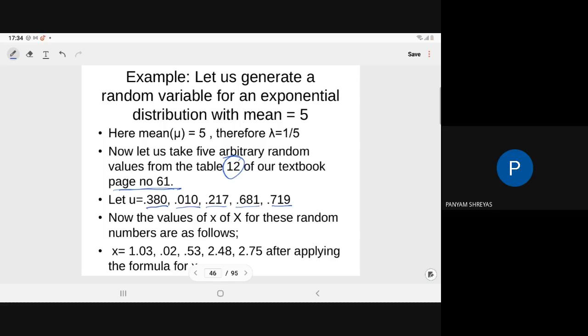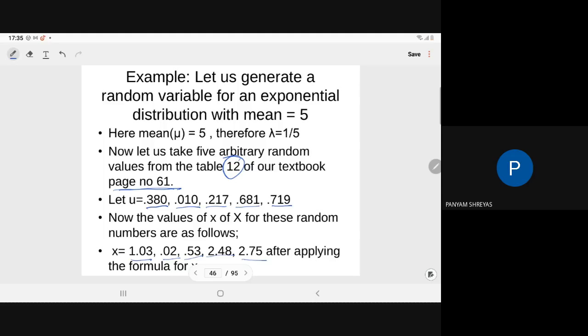Means what is the use? When I'm claiming that customers are joining the system with mean time 5 and mean rate 1 by 5, then the first customer will come at 1.03, the next customer will come at 1.05, the next customer will come at 1.58, the next customer will come at 1.58 plus 2.48, and the next customer will come at 2.75 plus 2.48 plus 1.58.